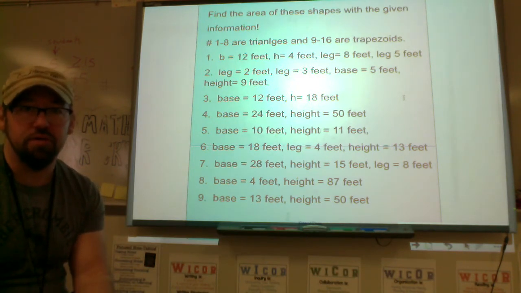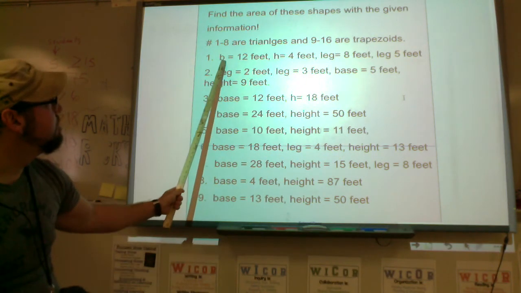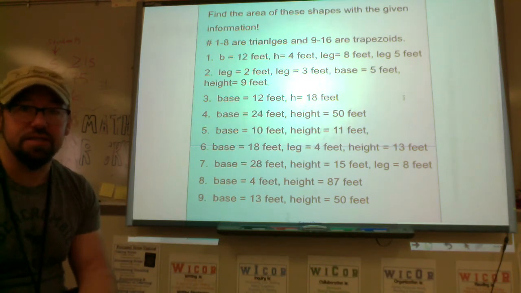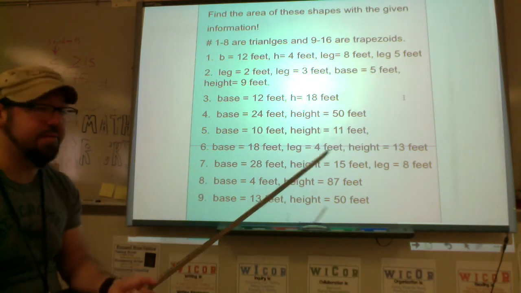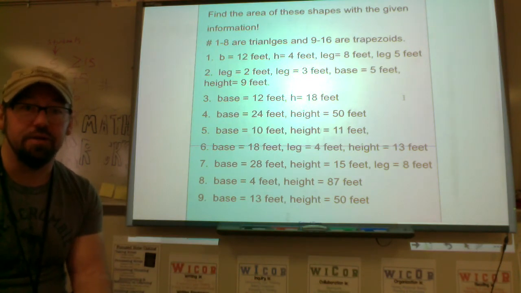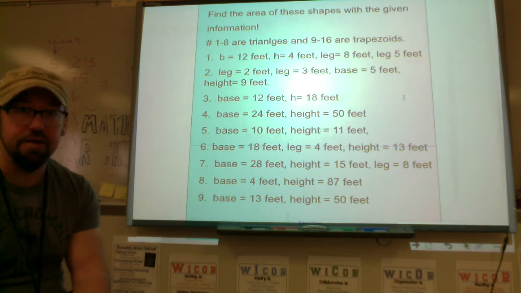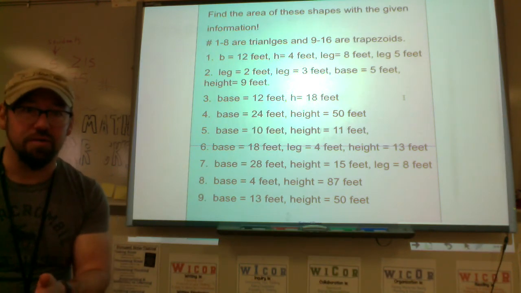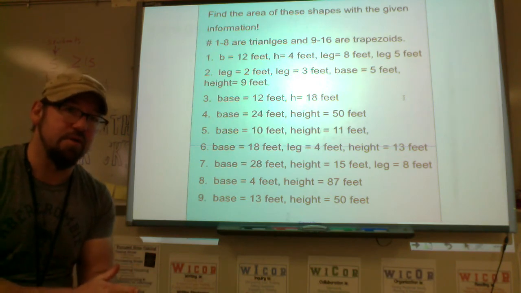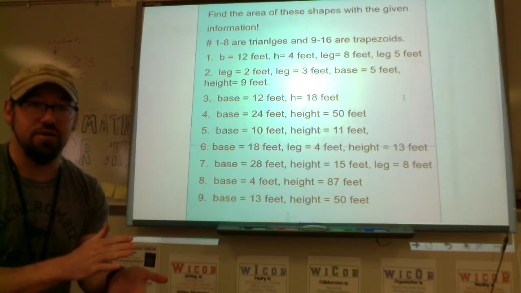So you want to use your formulas to find the area of the triangles, which are numbers 1 through 8, and then 9 through 16 are the trapezoids, and I have them on the next page. So I will put those up, and then you can practice those problems. And then I will have the answers as well. So after you see the next page, you want to pause it, write the problems down, practice them, and then check your answers.